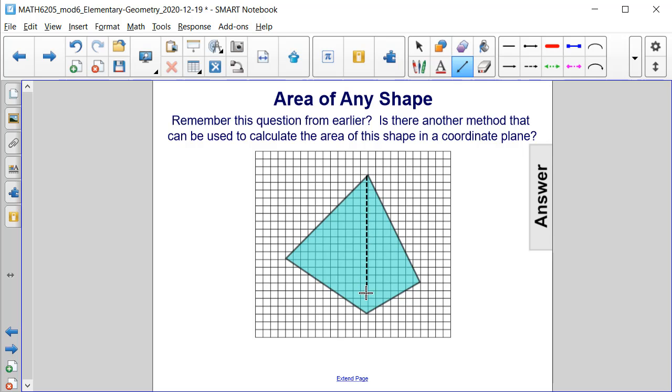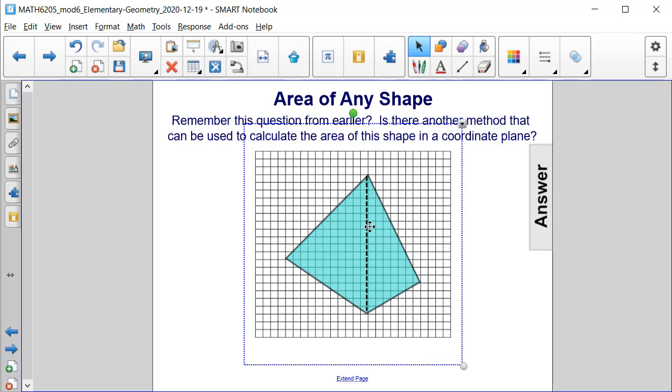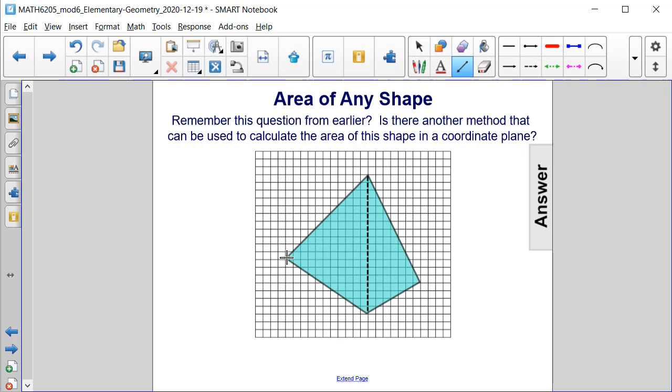So if I was to draw a straight line like this, we split this quadrilateral into two triangles. And then we can also extend or draw in the heights of each one. They are perpendicular to this base each time. We can see that the heights are there. So let's label this one as area 1, and this triangle is area 2.